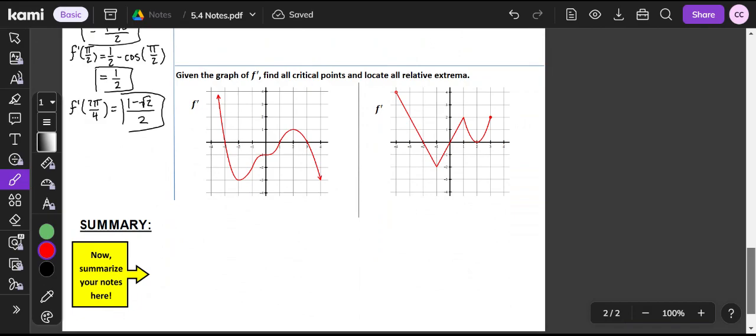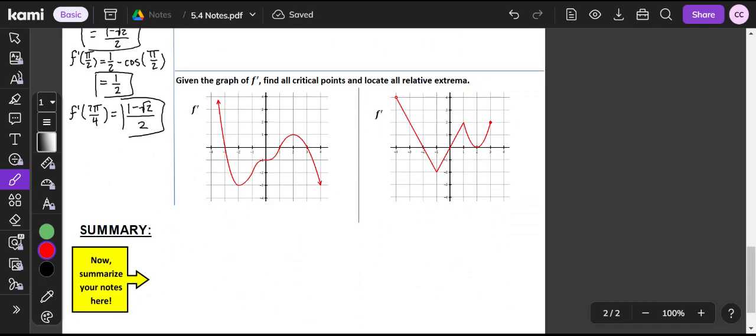Okay, last. This should just be a review for you guys, but it's a little tricky because if you are given the graph of f prime and you're told to find all the critical points, this is different than if you're given the graph of f. So on the original graph of a function, if you're told to find the critical points, you're looking for where the slope is 0 or undefined. That is different if you're given the graph of f prime. If you're given the graph of f prime, I just told you what you're looking for.